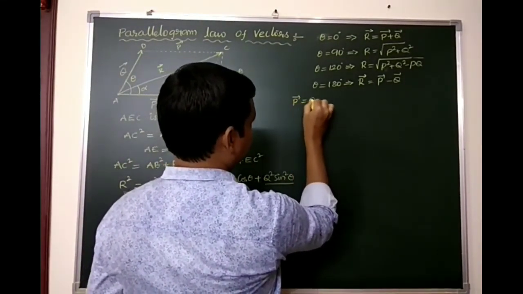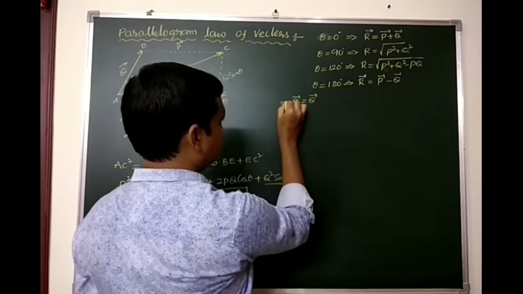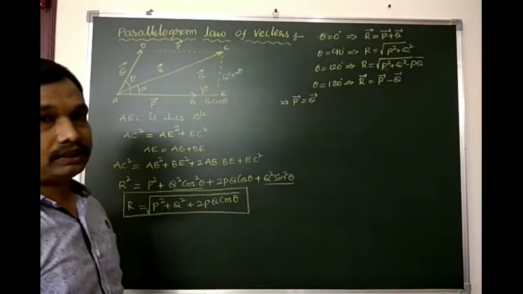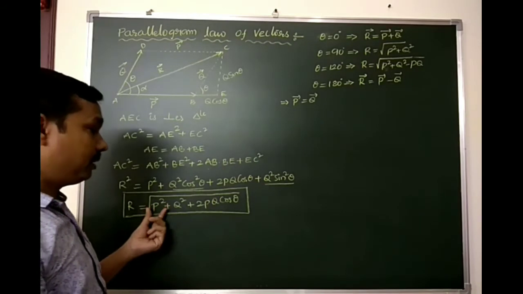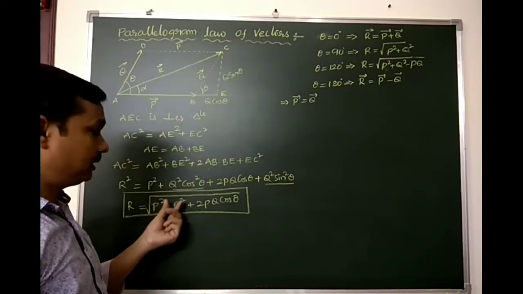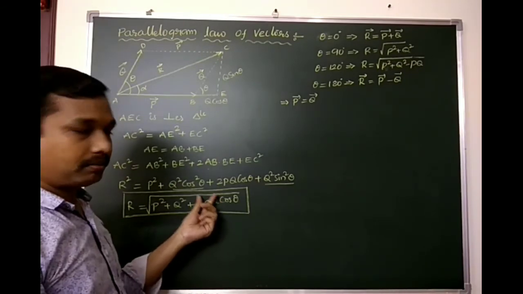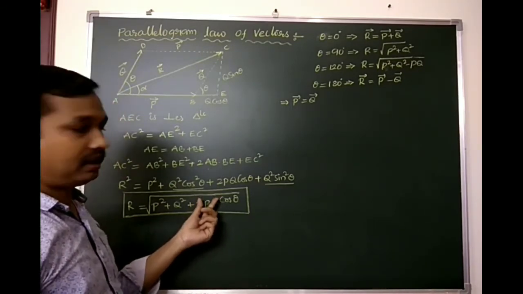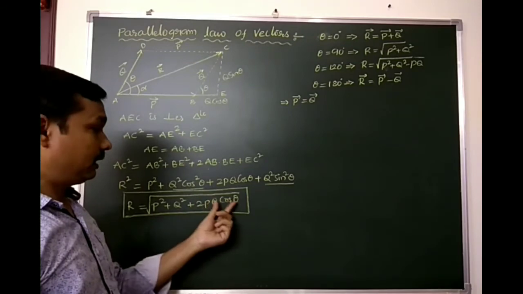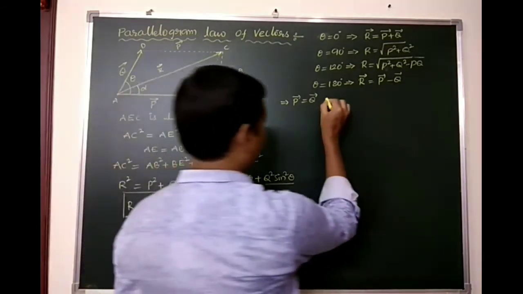P bar equals Q bar. If the vectors are the same, then what will be the resultant? P square plus Q square plus 2PQ cos theta.